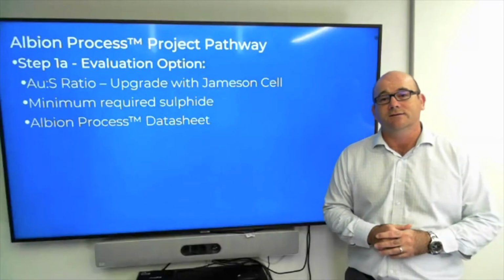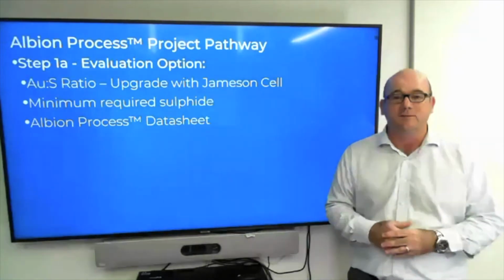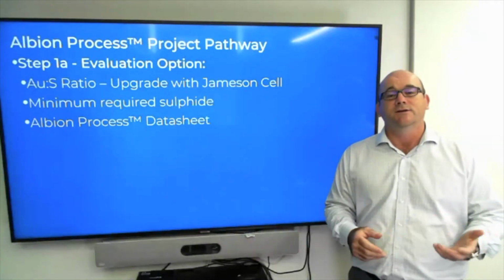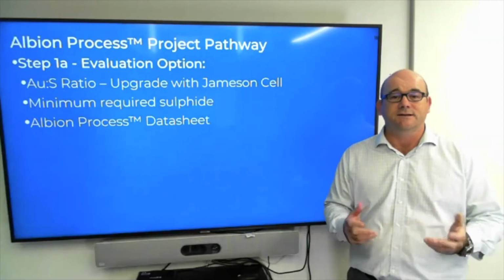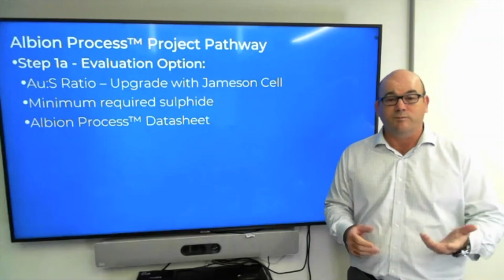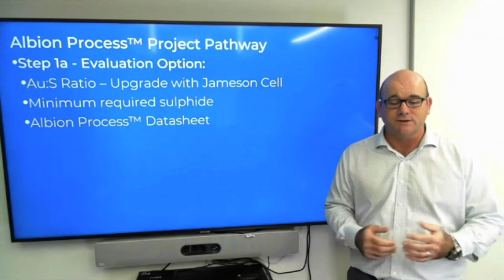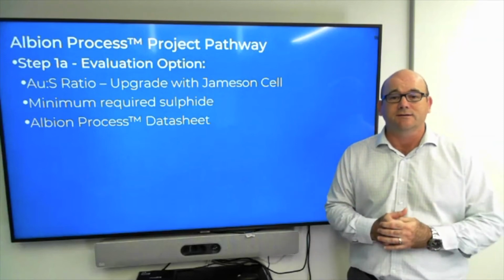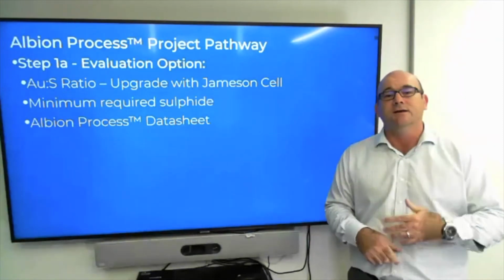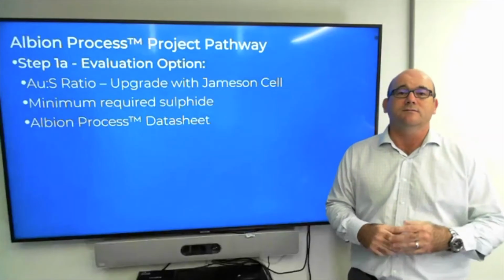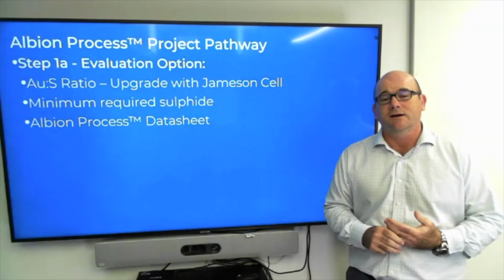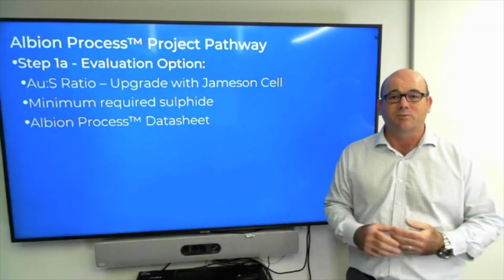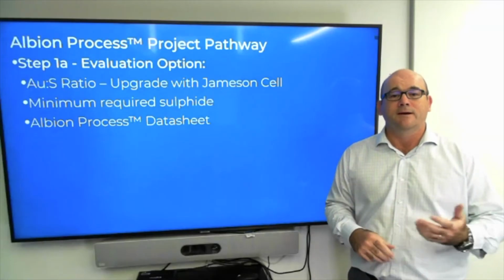If we have low sulfide, then obviously, as Stanko's been discussing, we'd be looking to upgrade the sulfide using something like flotation with the Jameson cell. To do that, you can do standard flotation cell testing, and at this stage we can use that to understand what the requirements of the Jameson cell are, and then moving forward, talking to our flotation team, we would do a dilution cleaning test to actually properly size that equipment later.